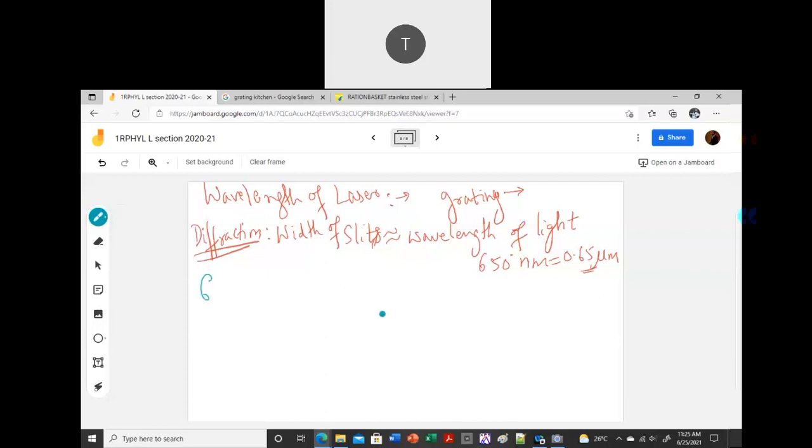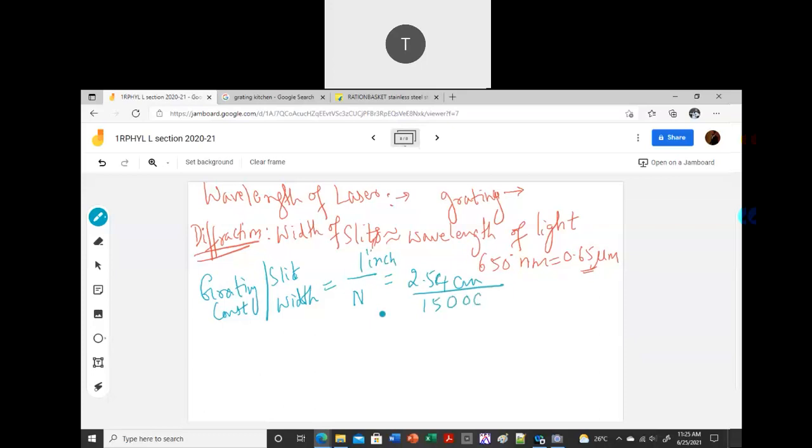If you take the grating constant or your slit width, it is written as 1 by n. 1 means it is 1 inch. 1 inch is equal to 2.54 centimeter, divided by n, which is the number of lines.